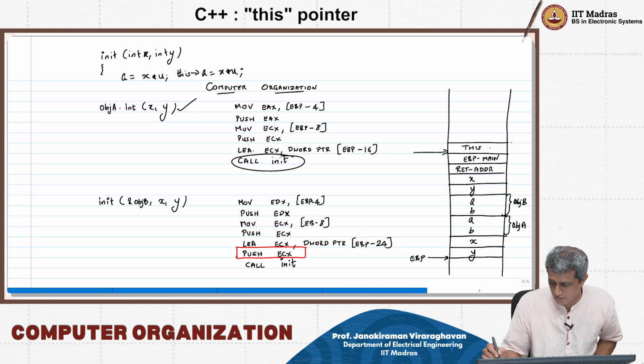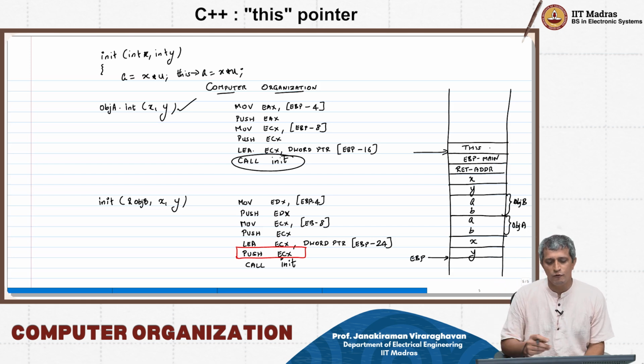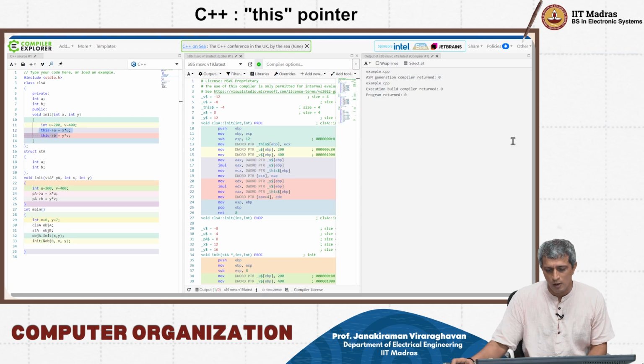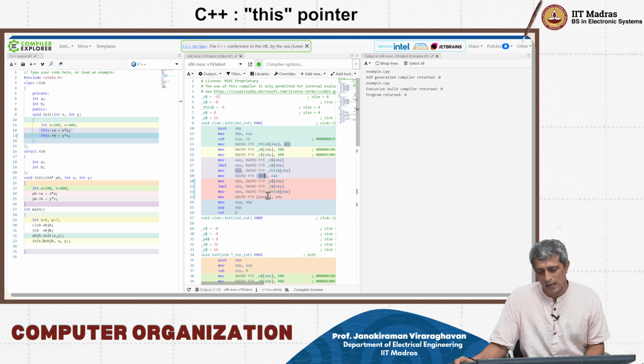So EBP minus 4 will be the first local variable whose value will be the address of the object passed to it, and therefore every dereferencing of a member variable will happen through that pointer. So dword pointer of ECX, this, that and all will happen through this.